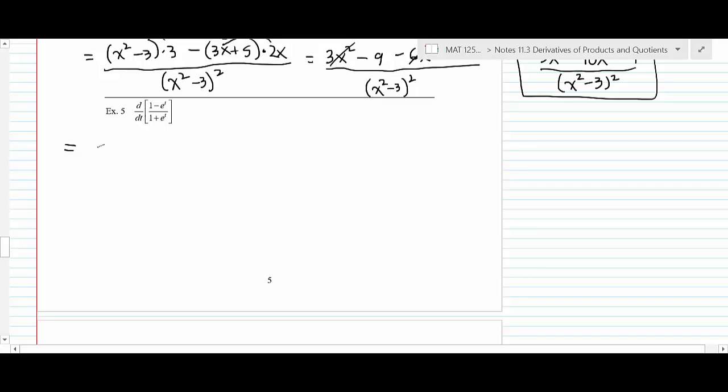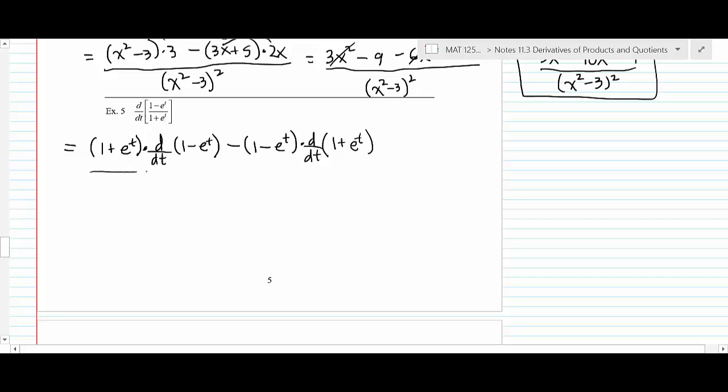What you're going to do is you say the bottom, 1 plus e to the t, and then you say the derivative of the top, and then minus, and then do it backwards, then do the top, and then do the derivative of the bottom.